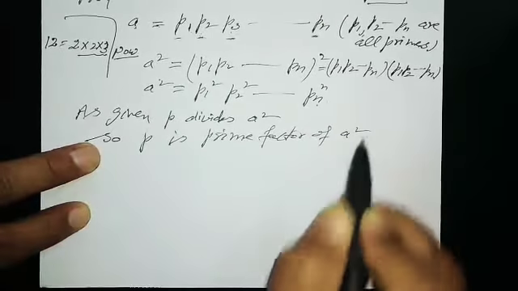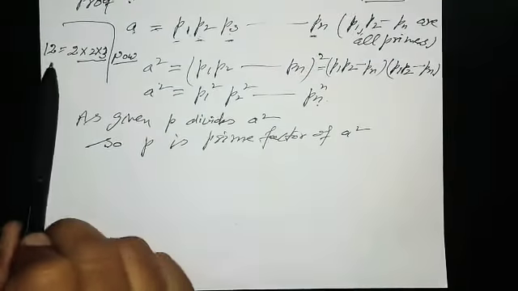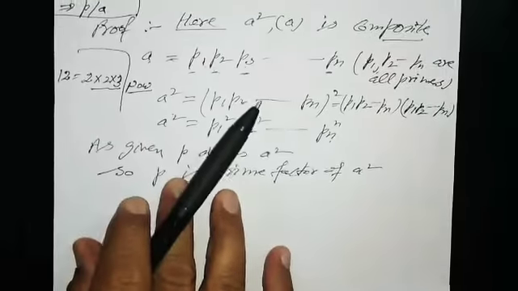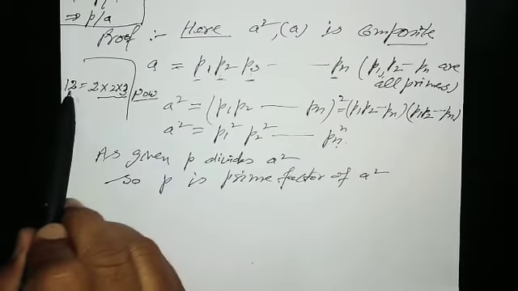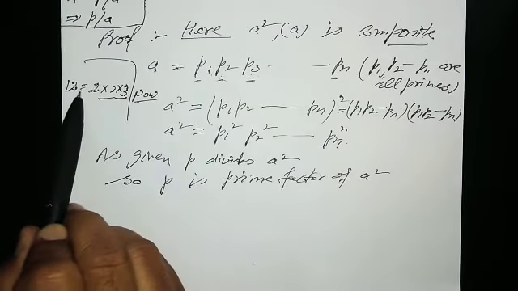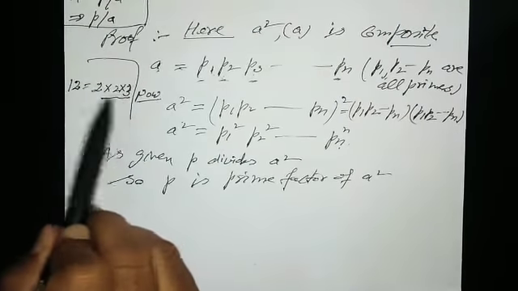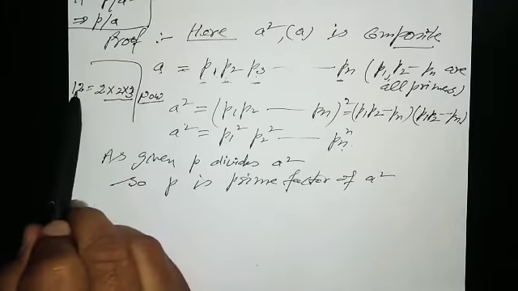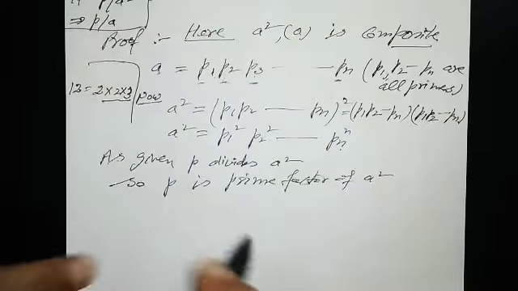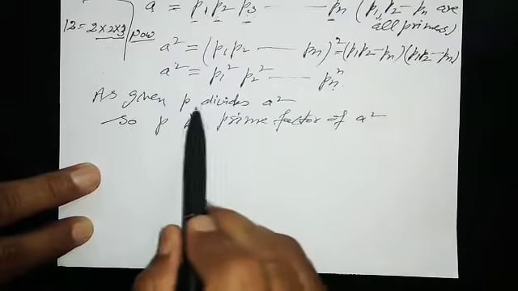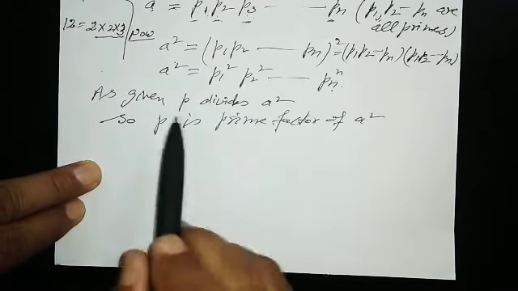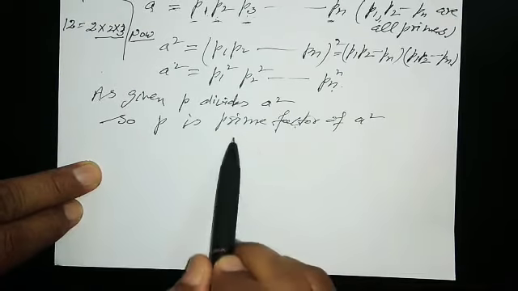Why? Because you can see here 2 is a prime factor of 12, and you can easily see that 2 divides 12. 3 is a prime factor of 12, and 3 divides 12. So here p divides a square, means p is a prime factor. Why prime?